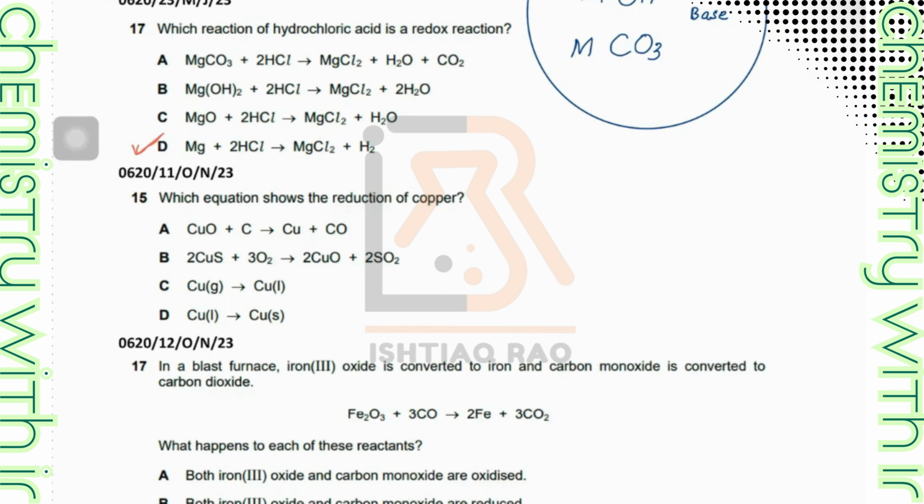Okay, D. Liquid to solid: do you think this is a chemical change or a physical change?